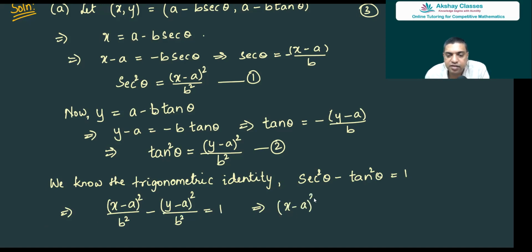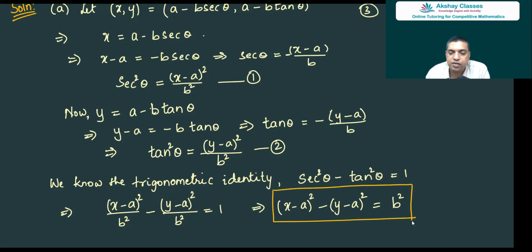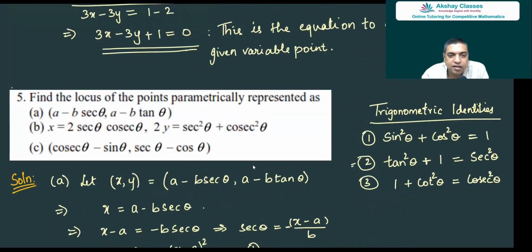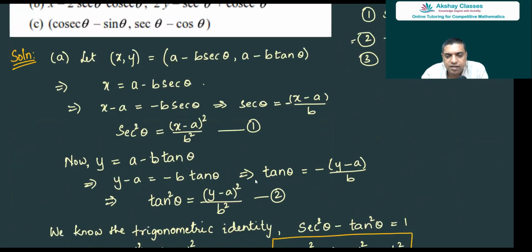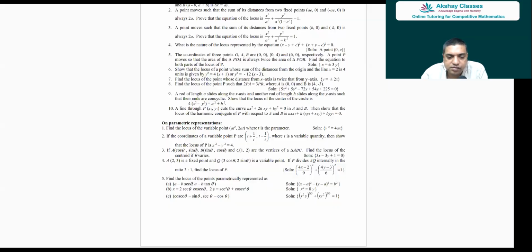This implies (x minus a) the whole square minus (y minus a) the whole square equal to b square. This is the equation of the locus. Understood how we did it? Sometimes we have to use this. Fundamentally, these three identities we can use to eliminate.